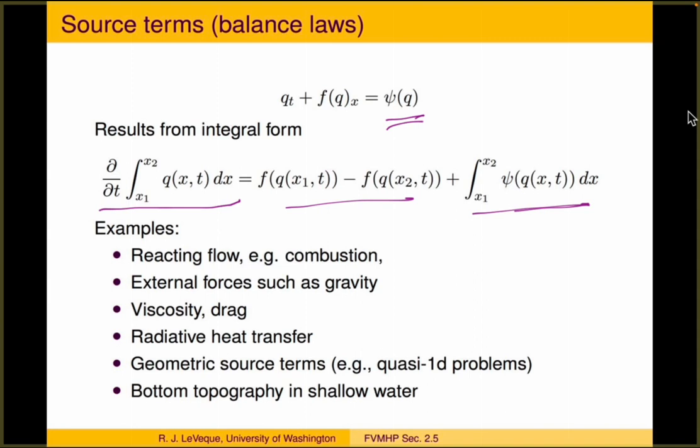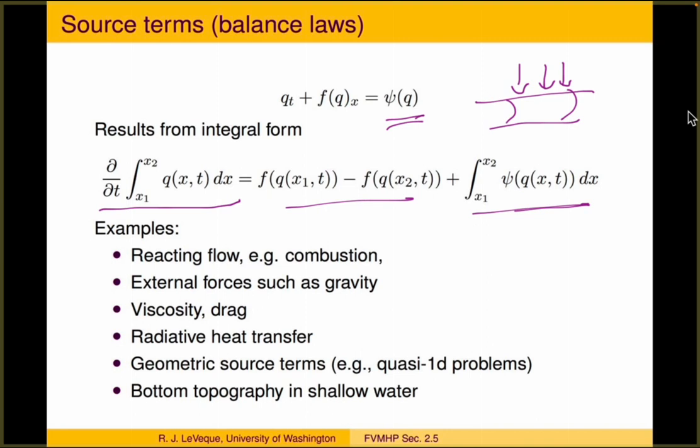So it's not just happening at x1 and x2, but everywhere in this interval there's some external force or something that's going on that's changing things within the interval. And that can be represented typically as an integral from x1 to x2 of this source that's happening at each point in the interval.